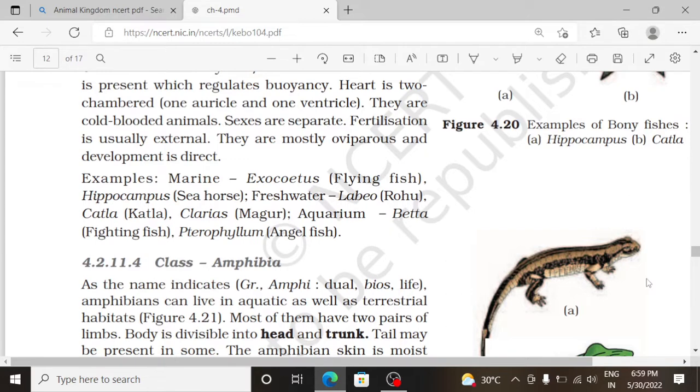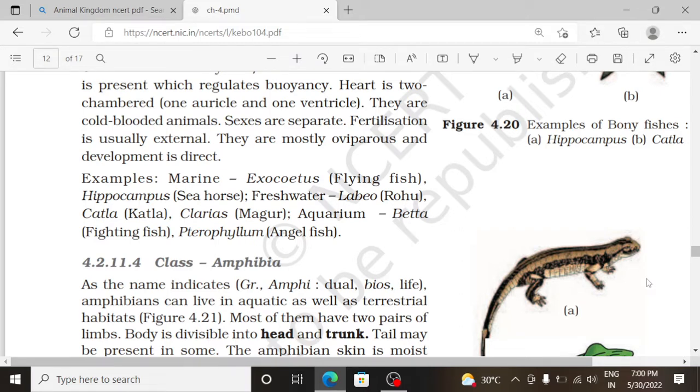Marine examples: Exocoetus, flying fish, and Hippocampus, seahorse. Freshwater: Labeo, rohu, Catla, Clarias, magur.